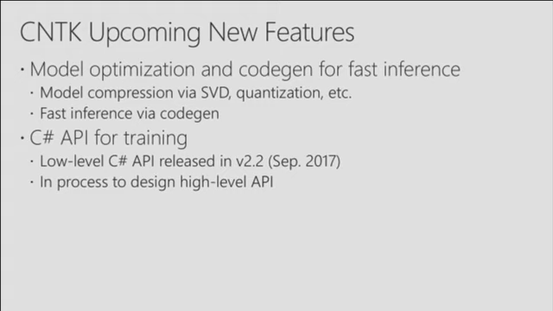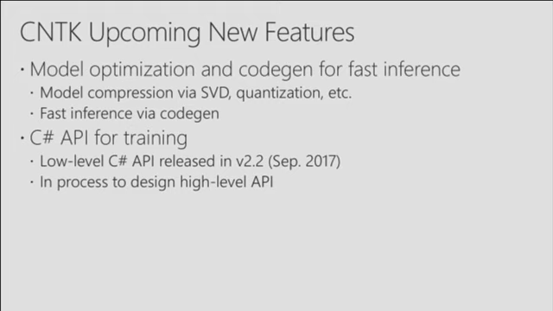So CNTK will add support for model compression via SVD or weight quantization. And then we will work on a fast inference framework through codegen. For those of you who have been using CNTK before, you probably know that in V2.0, we introduced one-bit convolution, which is through the Halide framework. This is an extension of that work, and we'll make it happen in the coming months.